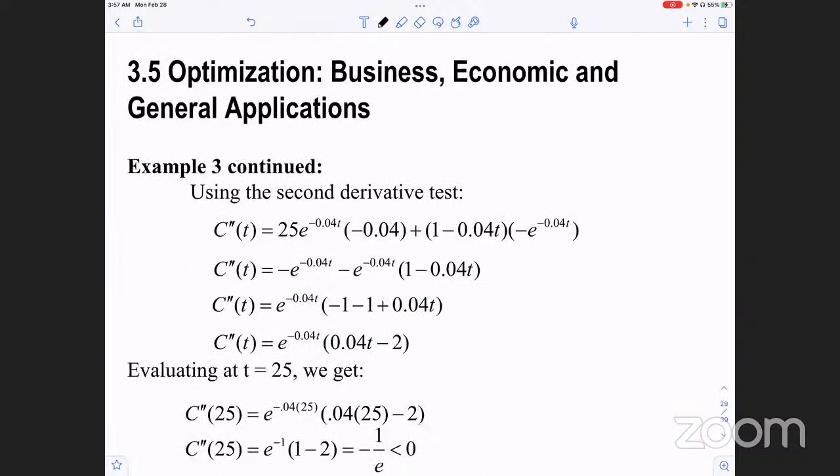Oh, okay, there it is. Using the second derivative, they got that. Yeah, they got a negative, right? Okay.